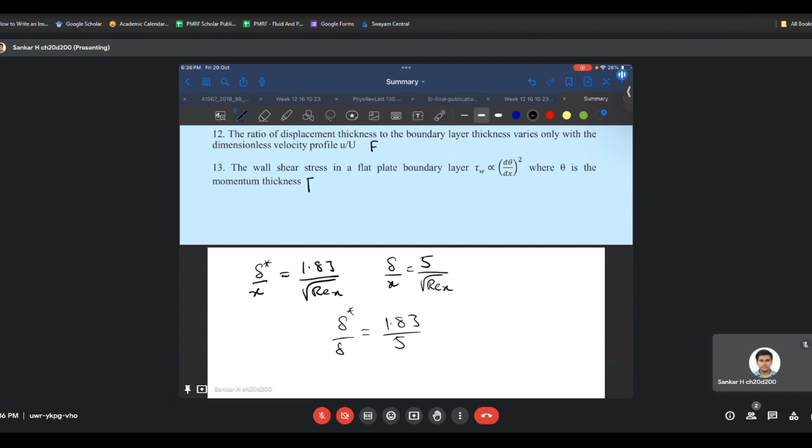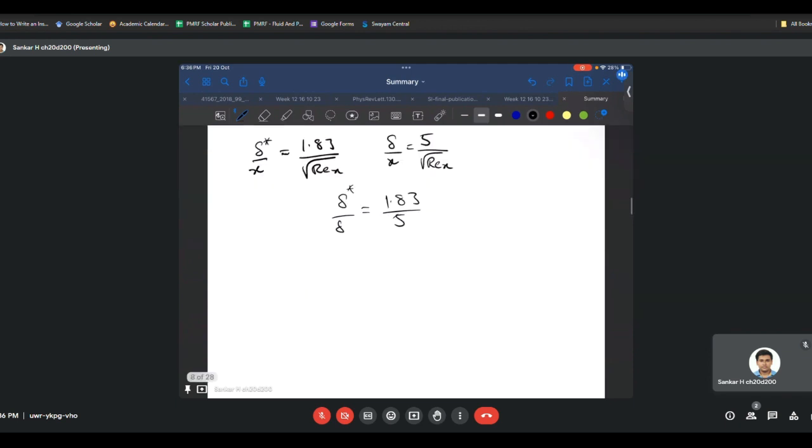I'll choose the answer first because the explanation is like this: the drag force is actually given by D equals rho b u infinity square times theta. Now we differentiated this as dD by dx equals rho b u infinity square times d theta by dx.